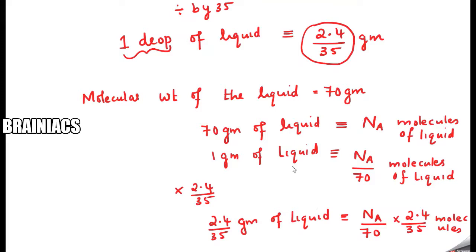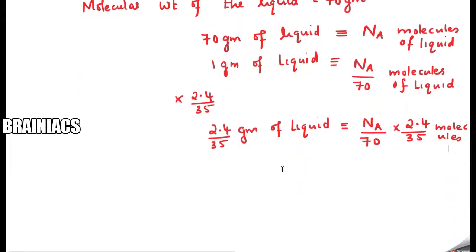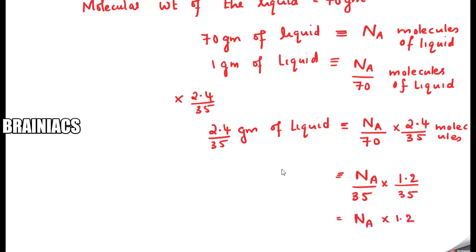Now how can I simplify this? This 2.4 can be cut with this 70, so this can be written as Na by 35 into 1.2 by 35. So I can say Na into 1.2 divided by 35 the whole square. This is the answer. This corresponds to one drop of liquid.